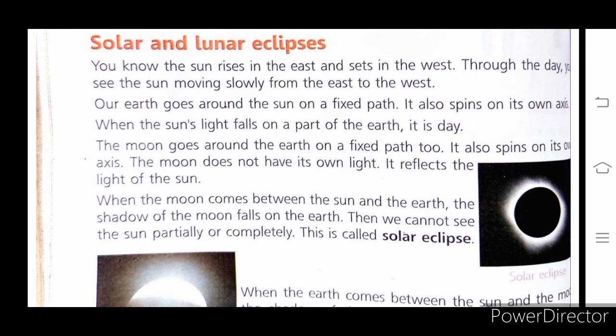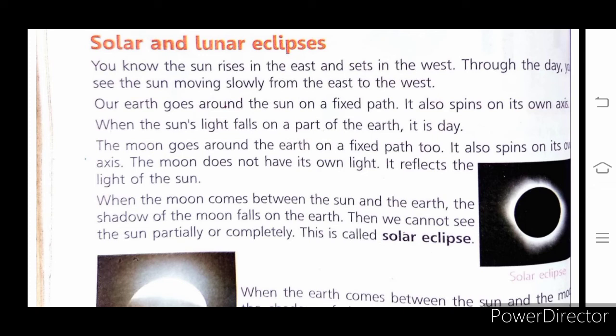Children, here the moon also goes around the earth on a fixed path. And as you know, the earth goes around the sun, and the earth also spins on its own axis. When the moon comes between the sun and the earth, the shadow of the moon falls on the earth.